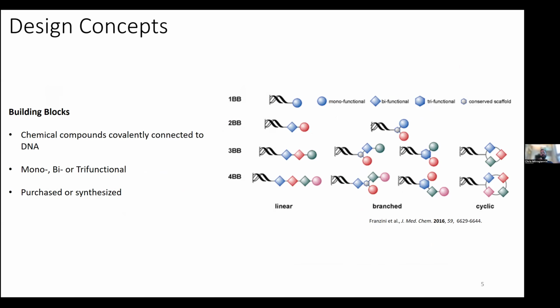Depending on how many functional groups can act as reaction handles, they can be classified as mono-, bi-, or trifunctional. An example of a bifunctional building block is an amino acid that has both an amine group and a carboxylic acid group that can be extended both ways. These building blocks can be purchased from commercial vendors or synthesized in the lab if we want something specific or want to keep the cost low.